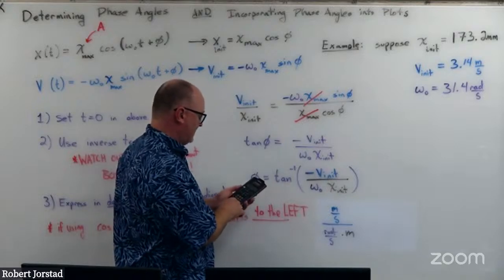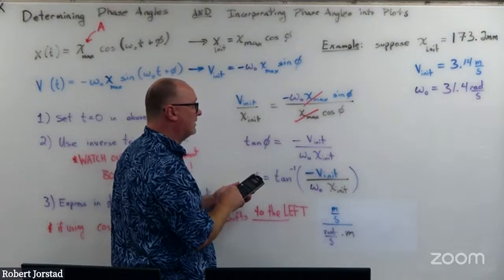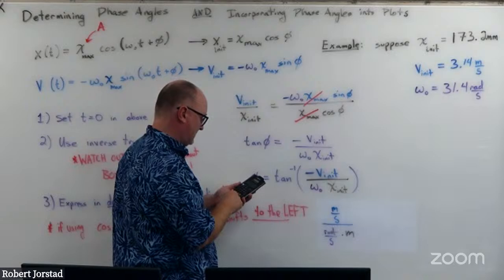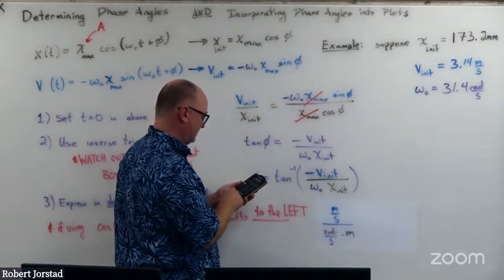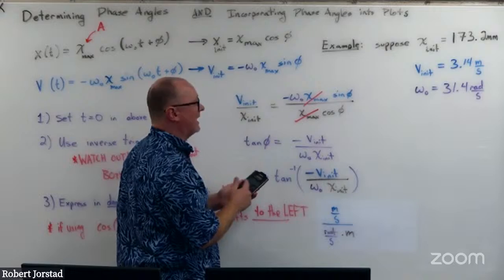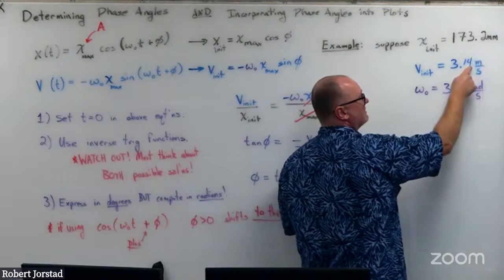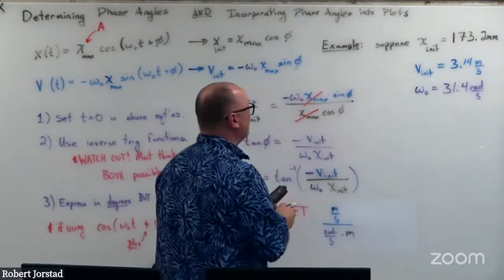Enough said. So negative 3.14 divided by omega naught, 31.4, and then divide by what was x initial, 173.2. Check those units. This one's in millimeters and this one's in meters. Uh-oh, I almost screwed it up.